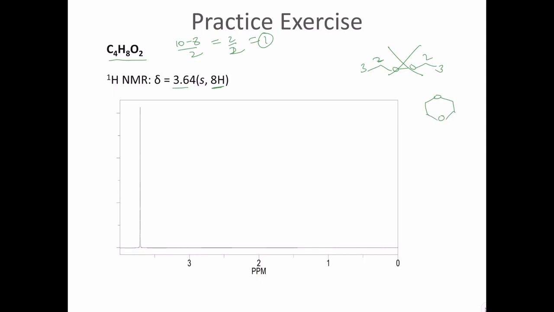And that's going to give us only 1 peak, because if we do that, this peak is symmetrical to that peak is symmetrical to that, so we end up with only 1 peak. And that is going to be the actual structure with 1 degree of unsaturation and being symmetrical.